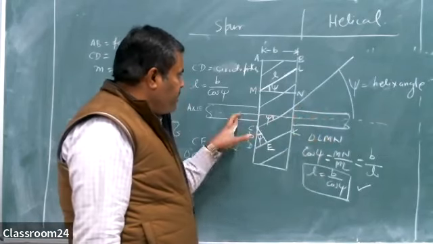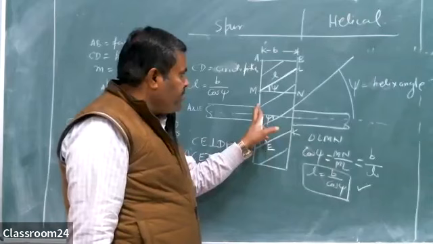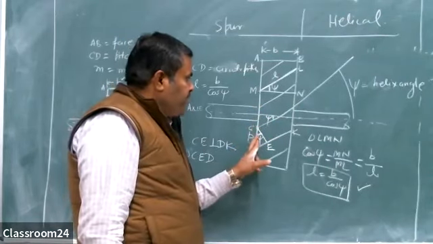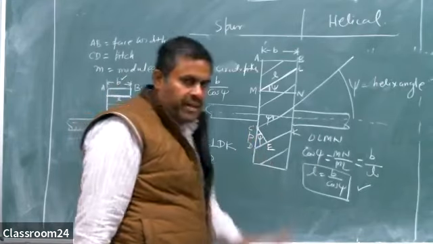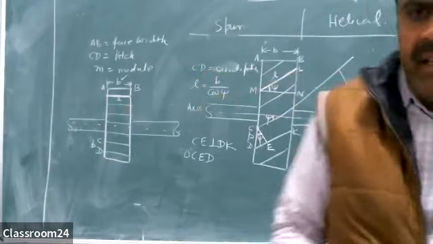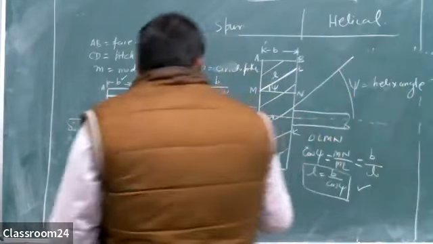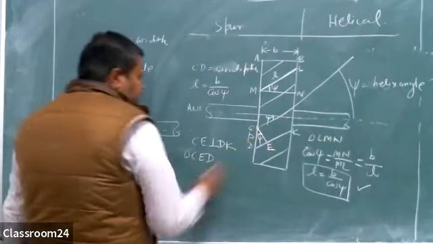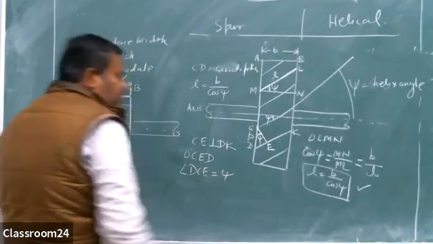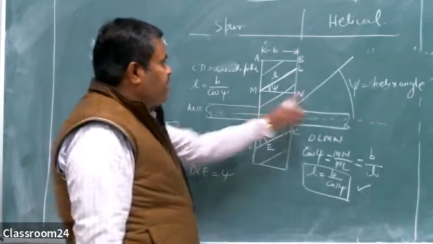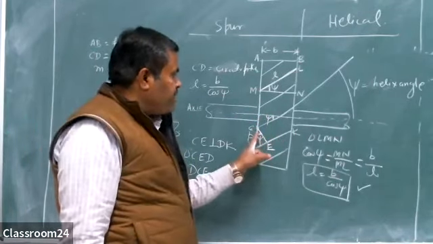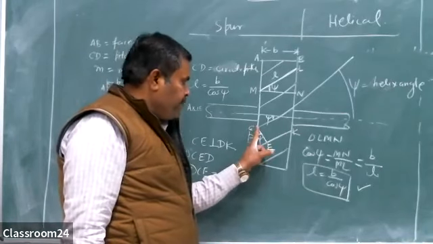The perpendicular to the horizontal line is this vertical line, and the other is perpendicular to the direction of the teeth. Okay, if the angle between any two lines is psi, then the angle between their perpendiculars is also psi. So DCE will also be equal to psi. This is psi, this is vertically opposite, and this is perpendicular, that's why this angle will also be psi.